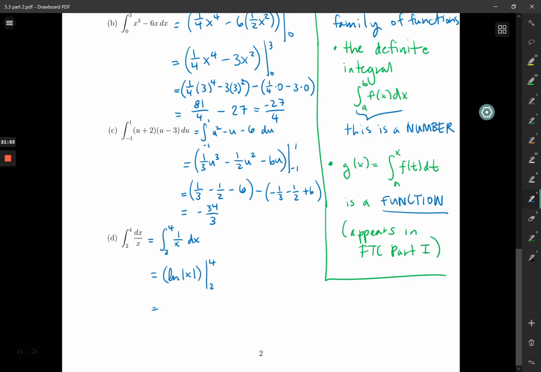And so then it's just a matter of evaluating natural log of 4. The absolute value of 4 is 4, so I'll skip writing the absolute value, minus the natural log of 2. We can actually simplify this using our log laws. It's not necessary, but we can. So we can rewrite this as natural log of 4 over 2, so this is just natural log of 2. And that is our answer.